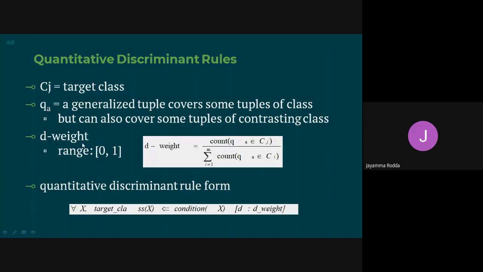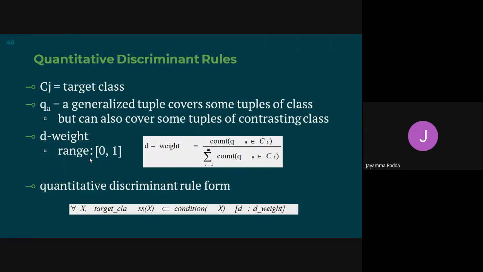Okay, so here we are going to calculate the D weight. Similar to characterization descriptions, the discriminative features of the target class and contrasting classes of a comparison description can be described quantitatively by a quantitative discriminant rule.